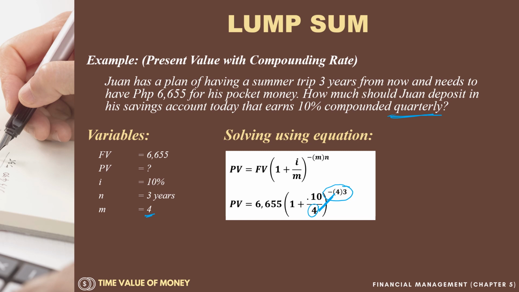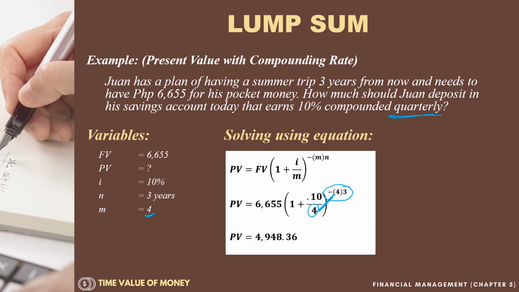Okay, so you should have an answer of 4,948.36. Now again, always remember that your future value should always be higher than your PV, or your PV should always be lower than your future value.